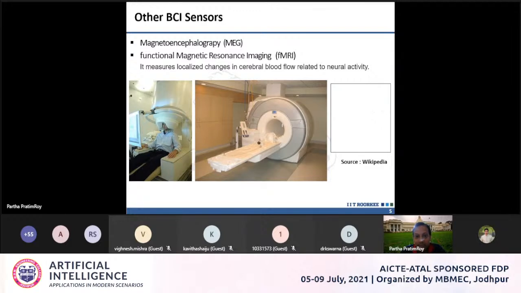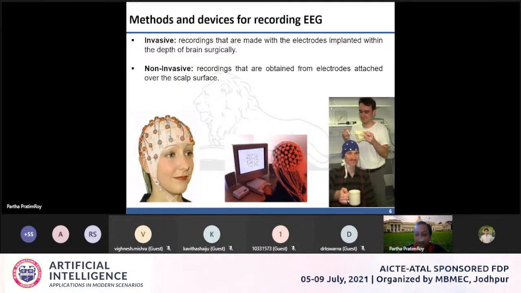There is a lot of work on these fMRI and MEG based images or videos, but these devices are very huge and very costly, and the maintenance cost is also very high. However, the EEG signal is cheaper compared to those devices, and they are very light and user handy.